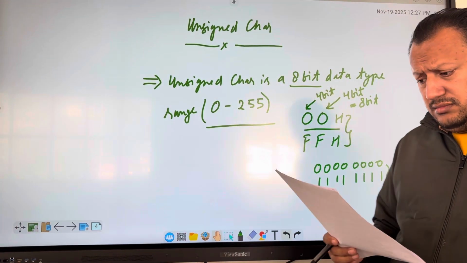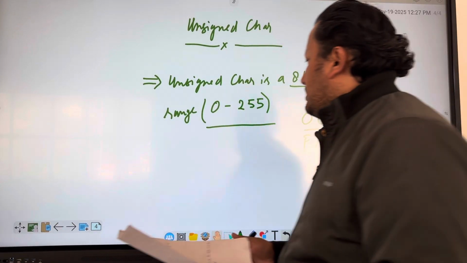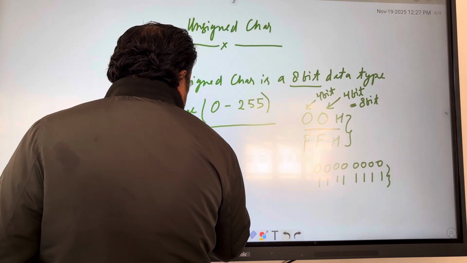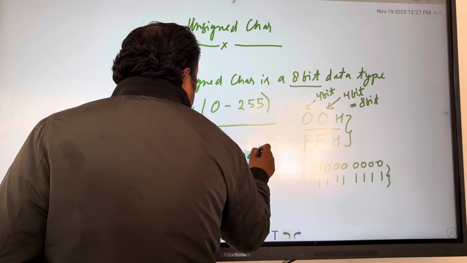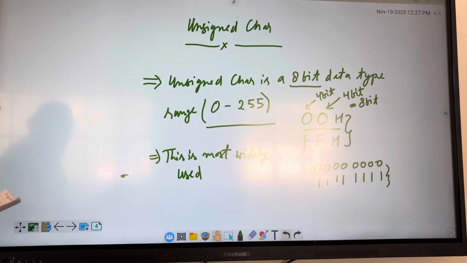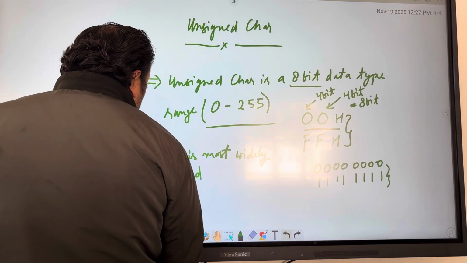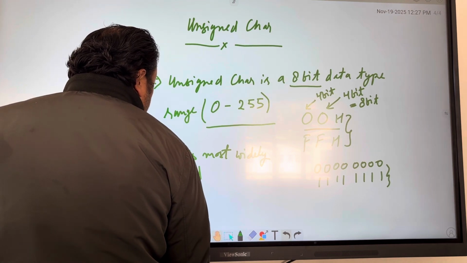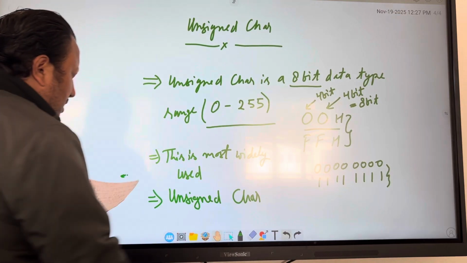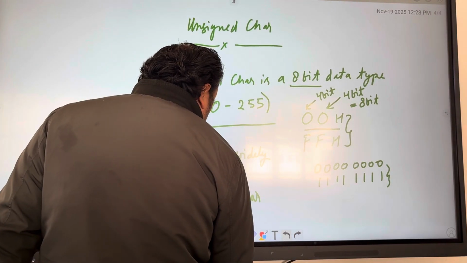This is the most important data type because it is the most widely used data type in 8051. And there is one more thing. If you do not write unsigned in front of char, by default the compiler will take it as signed char.